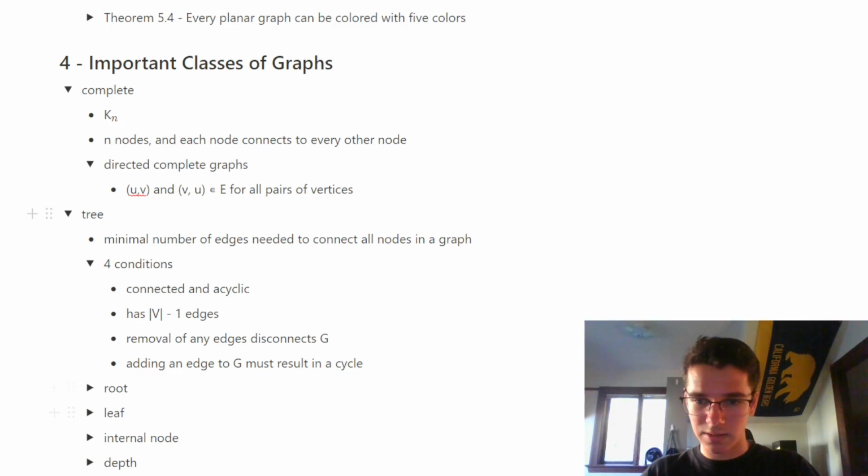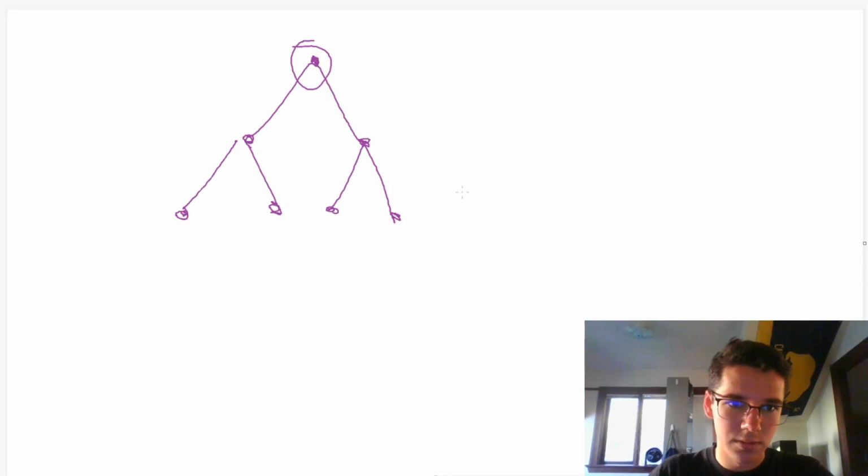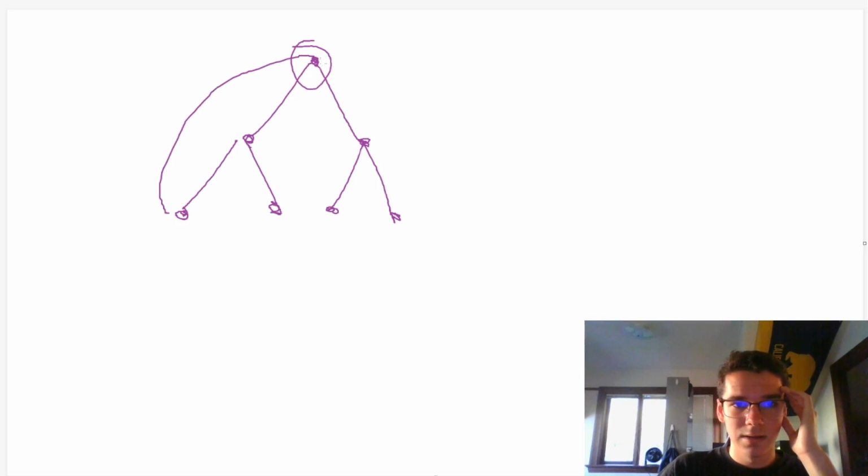As we saw in our illustration, we have 1, 2, 3, 4, 5, 6, 7 edges, and we have 7 vertices and 6 edges. And this isn't connected to here and every other node, right? Because it can reach this node by traveling through this node.